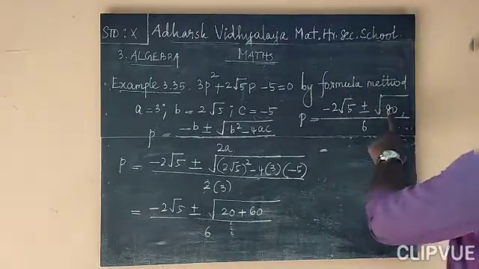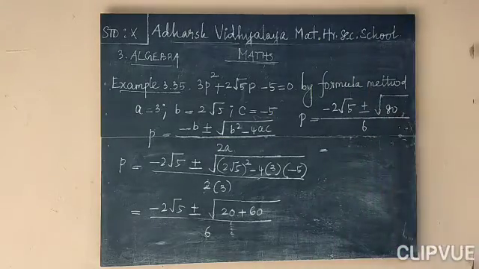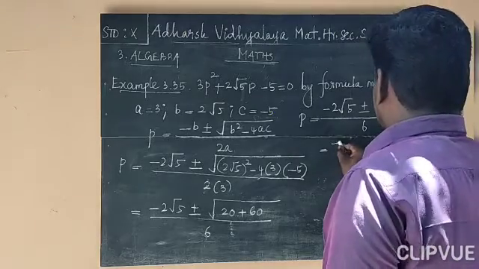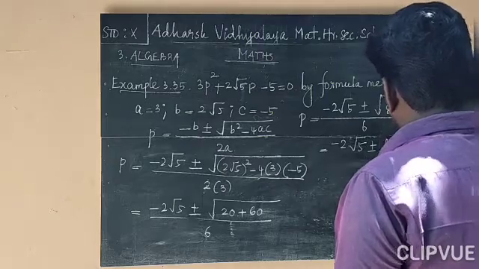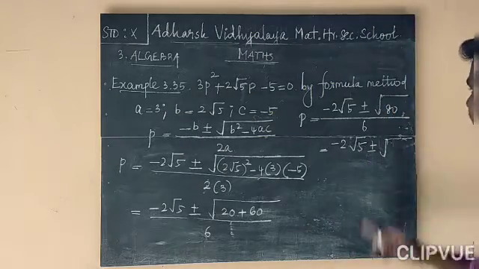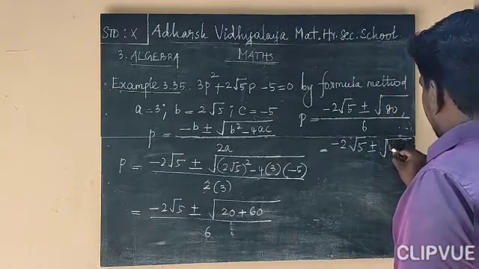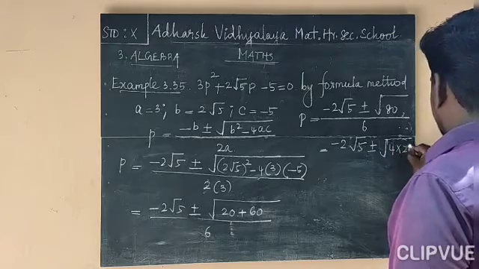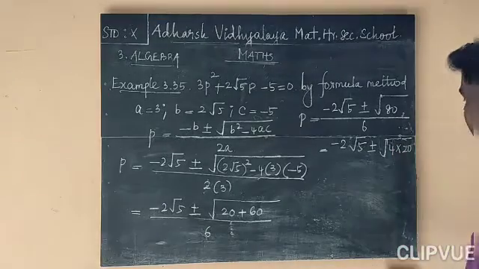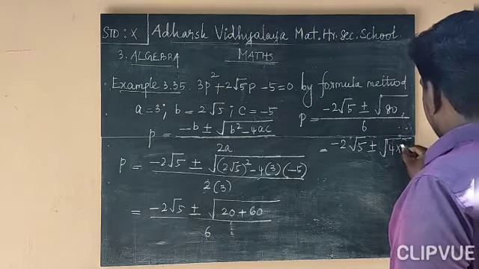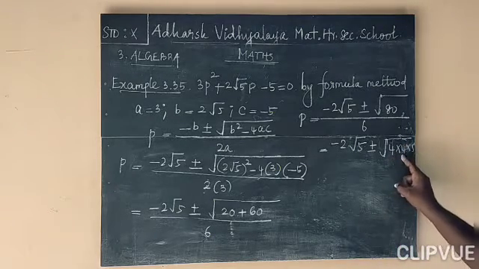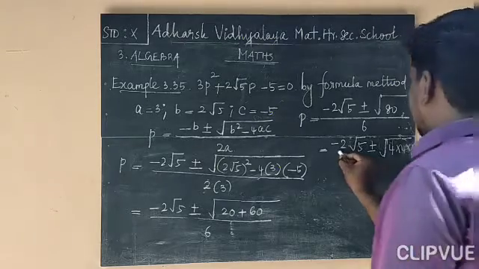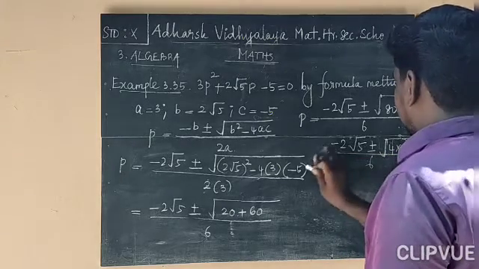It can be written as 4 into 20, again it can be written as 4 into 4 into 5, 4 into 4 is 16, 16 into 5 is 20, divided by 6.